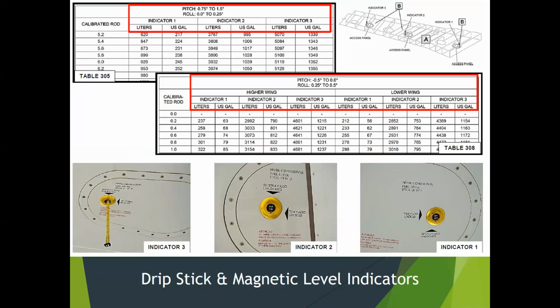So then it'll give you pounds per gallon or kilograms per liter, depending on where you're operating your aircraft. You can multiply the gallons that we have by that density per gallon or density per liter, and that will give us the pounds of fuel that are on the aircraft. Okay?